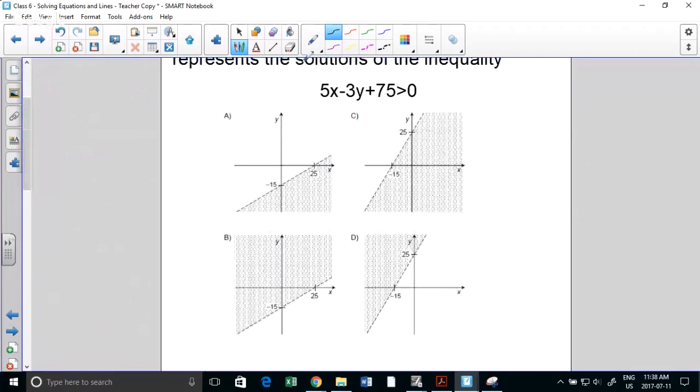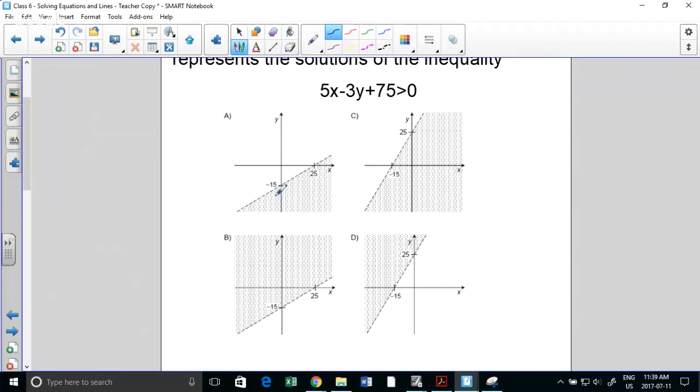It gives you the relationship and says, figure out which graph this belongs to. So you're doing a process of elimination. The first thing you always check, because sometimes you can eliminate 2 out of the 4 cases just by doing this, is checking to see if it should be dotted or solid. In this case, it's dotted. They're all dotted. That doesn't help me.